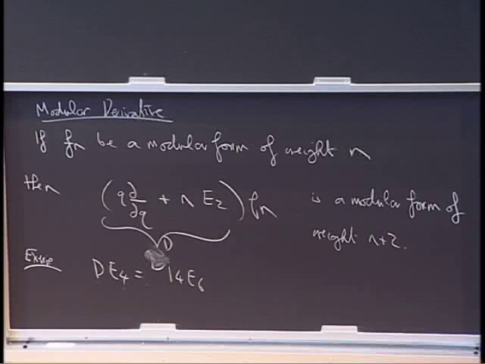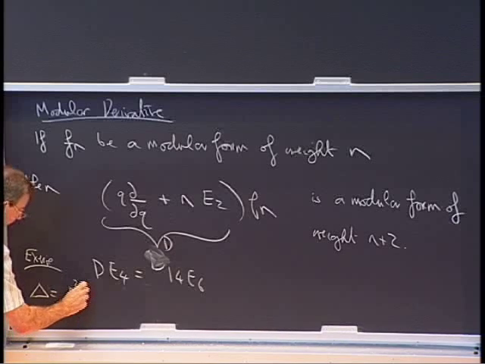One interesting example of this modular derivative is what happens if you hit the cusp form of weight 12, delta, which is eta to the 24.